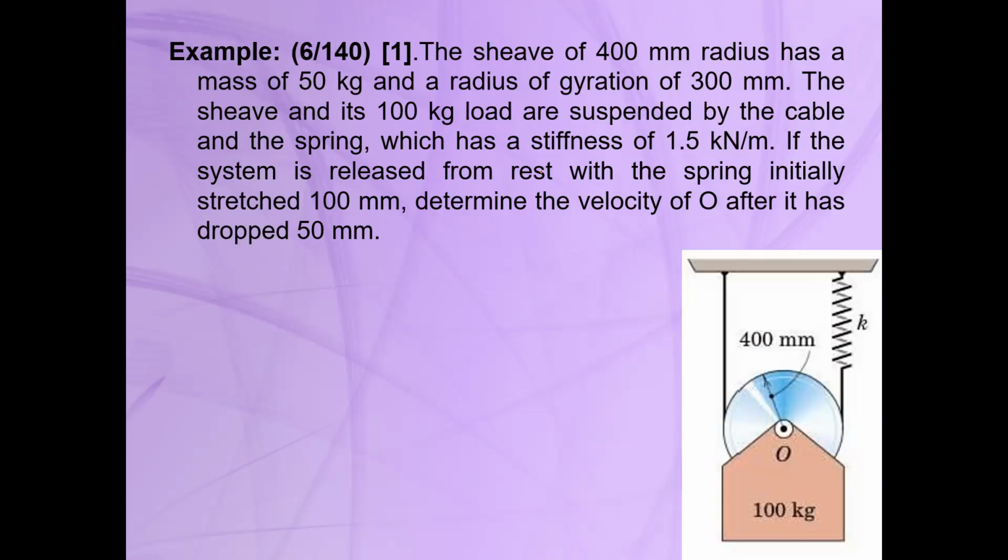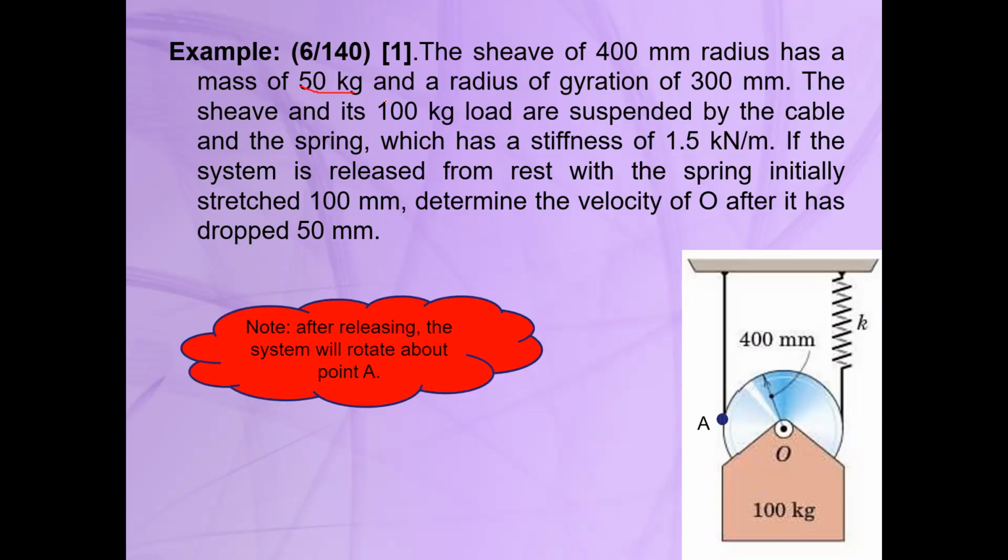Here we have a sheave of 400 millimeter radius that has a mass of 50 kilogram and a radius of gyration of 300 millimeter. The sheave and its 100 kilogram load. Here we have another load which is 100 kilogram mass, suspended by the cable and the spring, which has a stiffness of 1.5 kilonewton per meter.